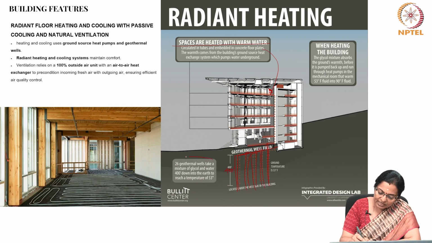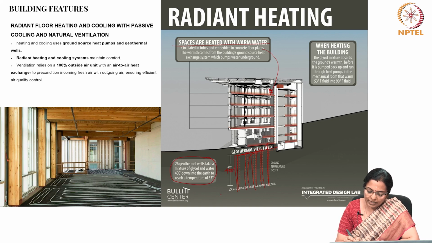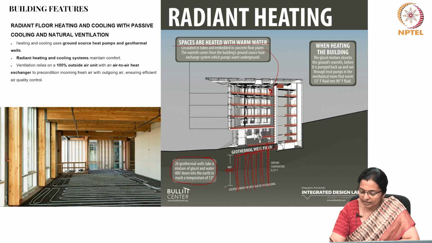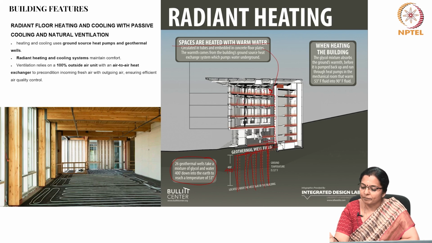So, 26 geothermal wells take the mixture of glycol and water from 400 feet down in the earth to reach a temperature of 53 degrees Fahrenheit, and that is pumped into the pipes on each floor which radiate the heat and warmth into the building.